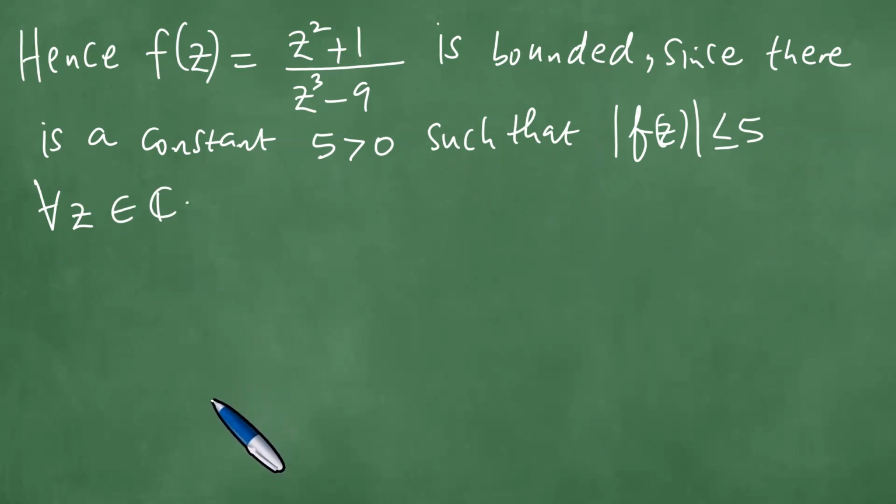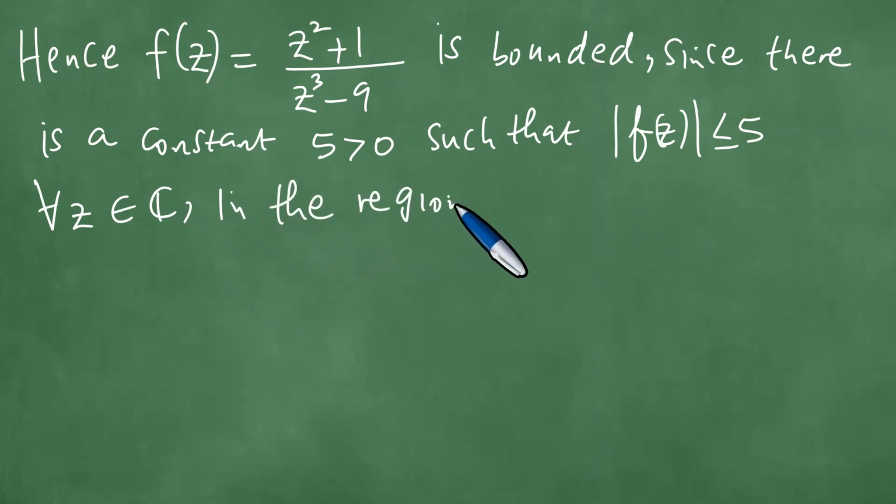So we have proven that it is necessarily bounded, since there is a constant such that that is the case for all z elements in the complex numbers in the region where the modulus of z is less or equal to 2.